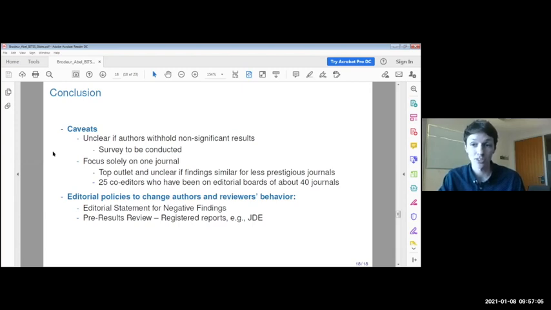Actually, they've been co-editor at AER, QJE, JDE, JOLE, like all the journals that you can imagine for an applied microeconomist. They've been there before, during, or after the tenure at JHR. So if these people have a similar behavior at JHR as at these other journals, then the results seem to have a bit of external validity.